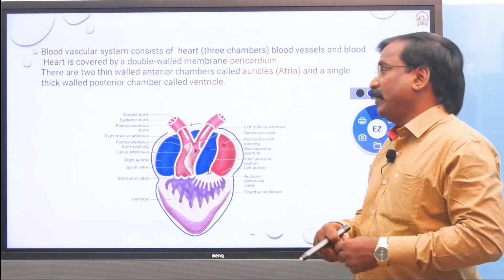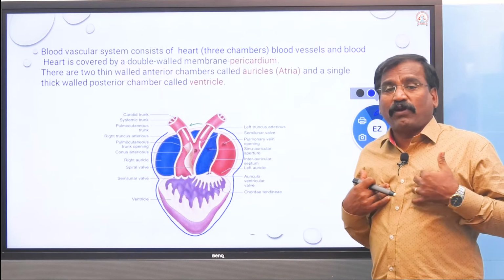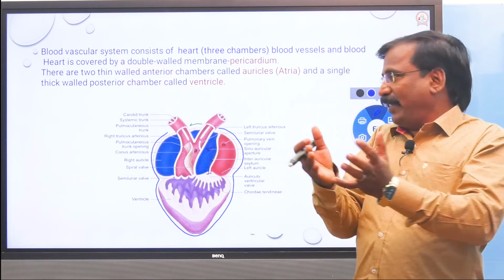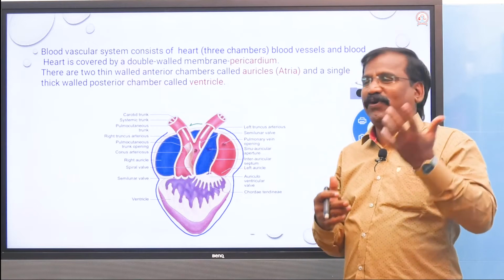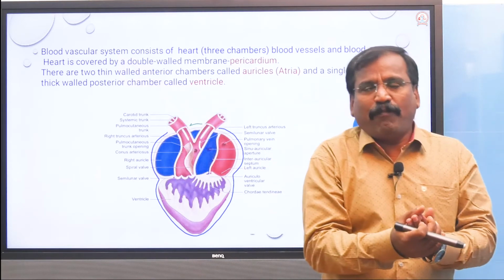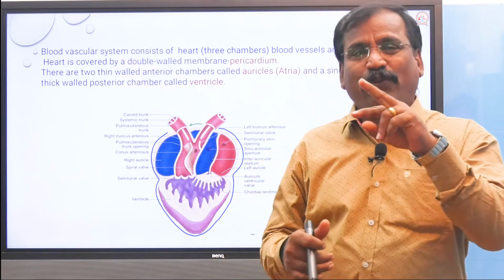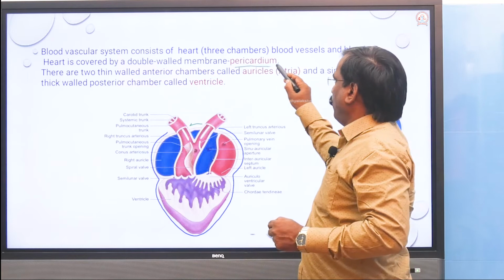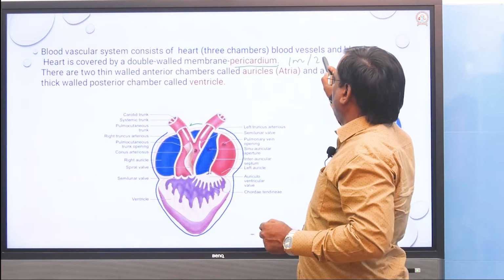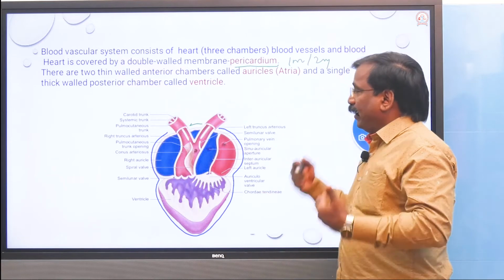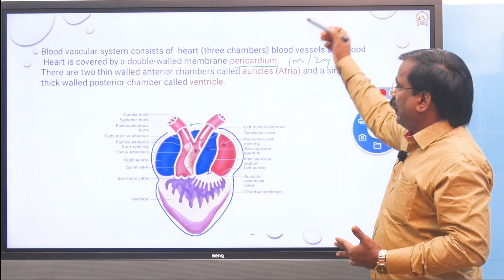Pericardium: peri means outer, and cardio means heart. The heart is surrounded by a double-walled membrane, that is two layers, called the pericardium. It may be asked for 1 mark or 2 marks: what is pericardium?